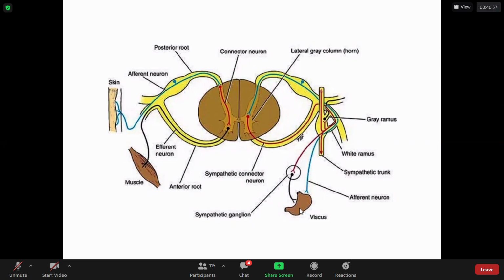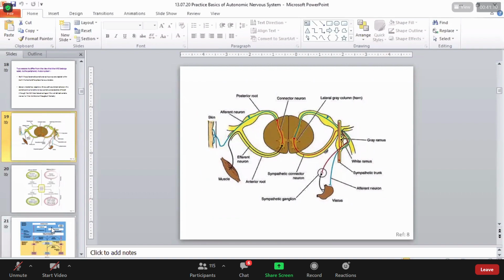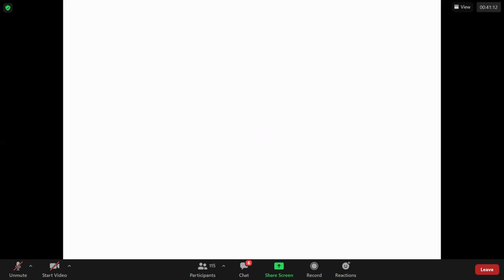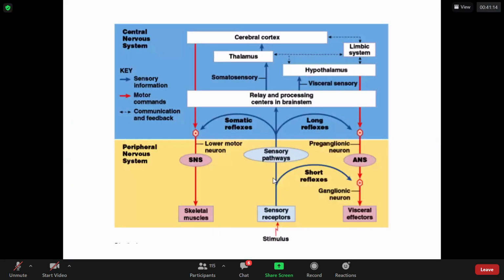But autonomic reflexes, the somatic reflexes have to occur within the central nervous system. But in case of visceral autonomic reflexes, it can occur in the central nervous system, in the peripheral nervous system as well.